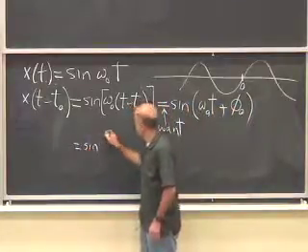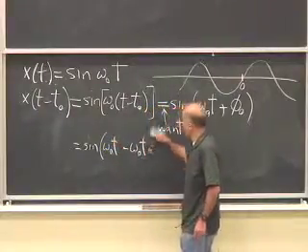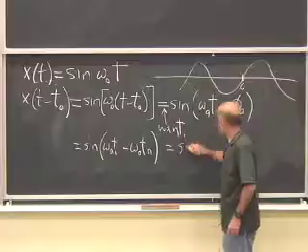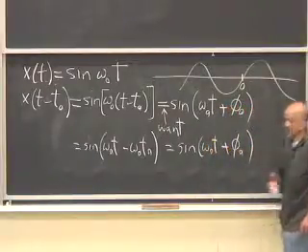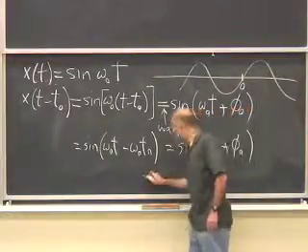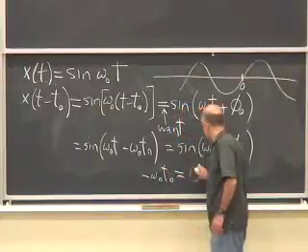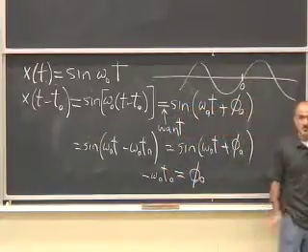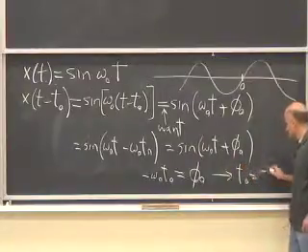So you have sine of omega naught t minus omega naught t naught equal to sine of omega naught t plus phi naught. So what must hold? Negative omega naught t naught must equal phi naught, and that's the same, so you get the same expression for t naught.